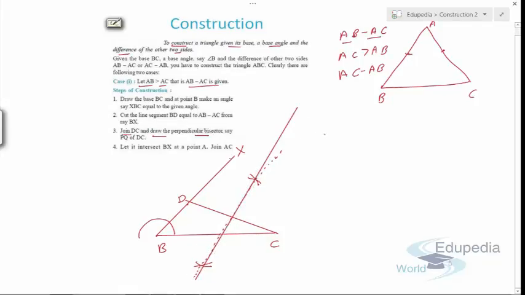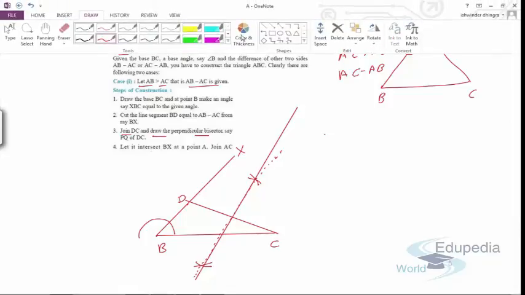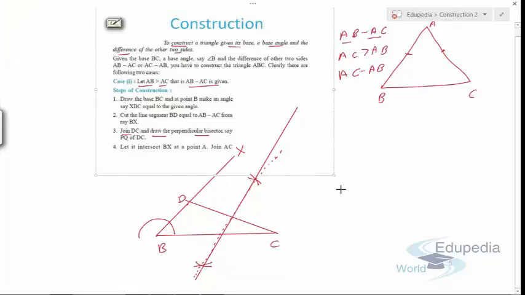Then we need to extend the ray BX also so that they can meet. Let's say we extend it like this, and they meet somewhere at this point, like this, right?